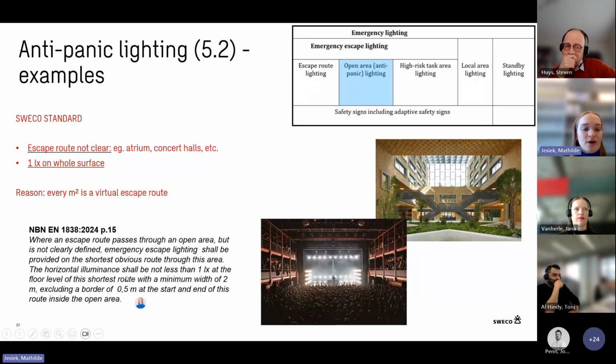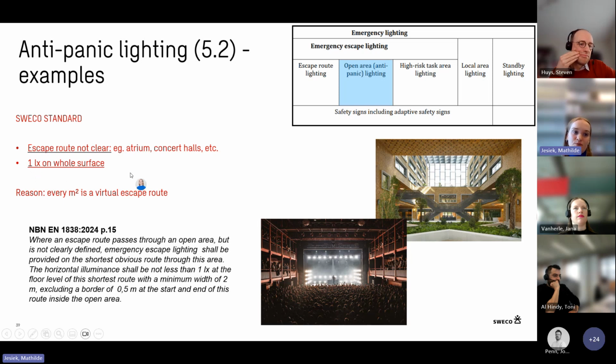So then, about these large areas where the escape route is not very clear, we have some examples here. For example, if we have an atrium or concert halls without fixed seating, and it's really not clear what is escape route, what is the anti-panic area, we think as a Sweco standard, it will be easier and clearer for everyone that we just design the whole area to 1 lux on the whole surface.